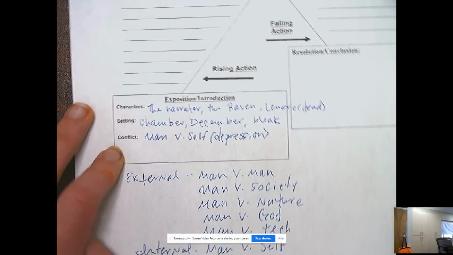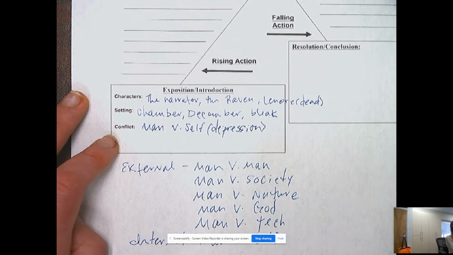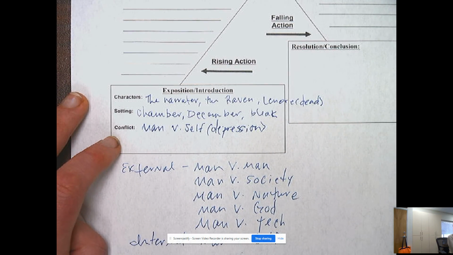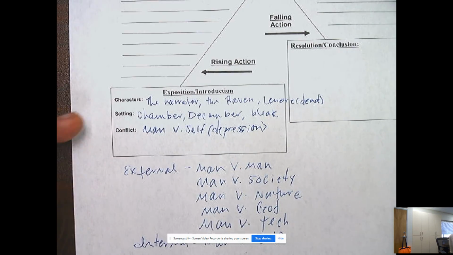We have an external conflict, and in all of my classes we sort of had trouble deciding what we wanted to call it. Man versus man, as in the Raven is sort of a man. We didn't really think he would be nature. We did toss around the idea of man versus God because the Raven is sort of like a godlike figure. He's a prophet, a speaker of God, a speaker of truth.